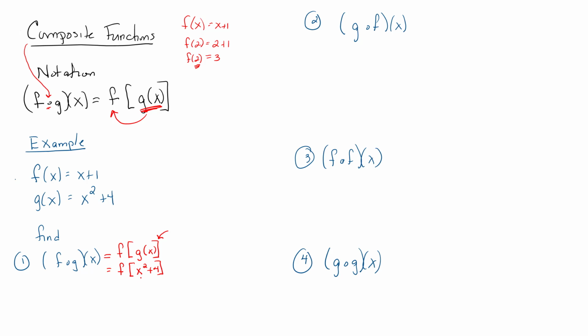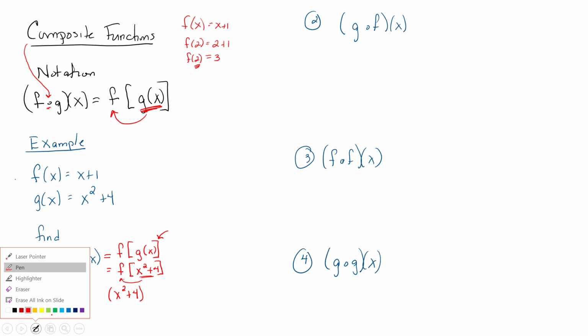Now, this tells me to take X squared plus 4 and plug it into the function F. This is going to look like X squared plus 4, because that is now my X, plus 1.